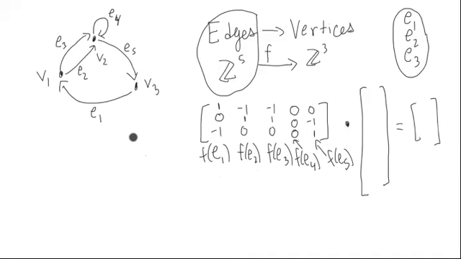So that would be something like this. E1, and then we go right here, E2, E3, like that. So we're going to look at the net incidence caused by just these on the vertices.